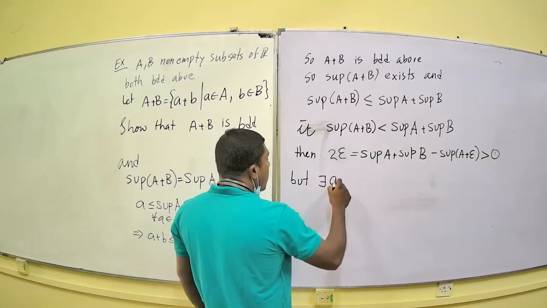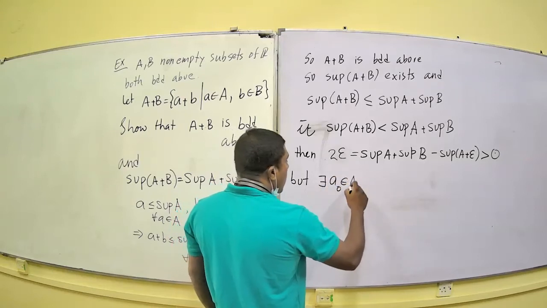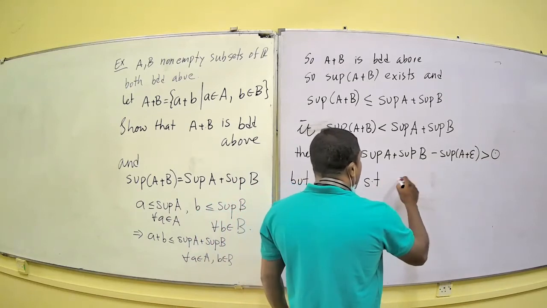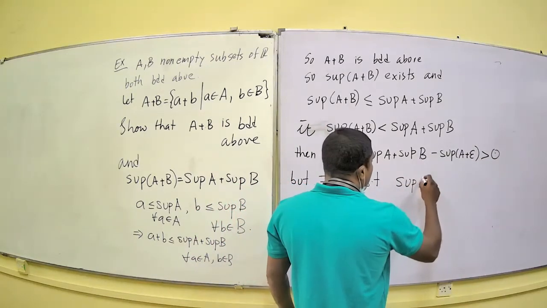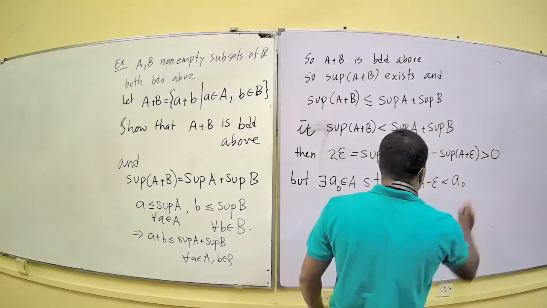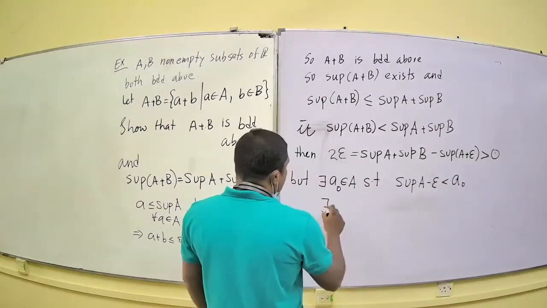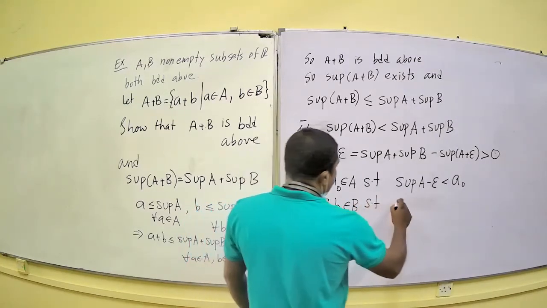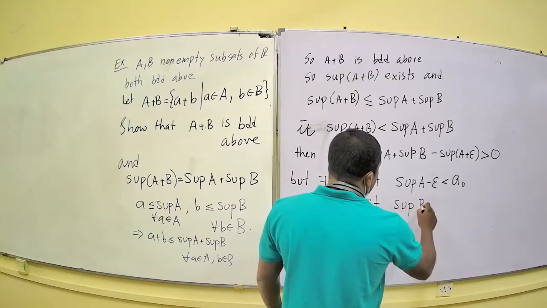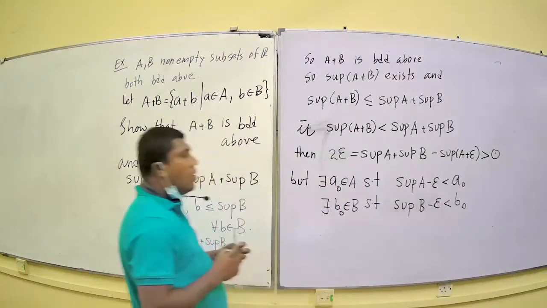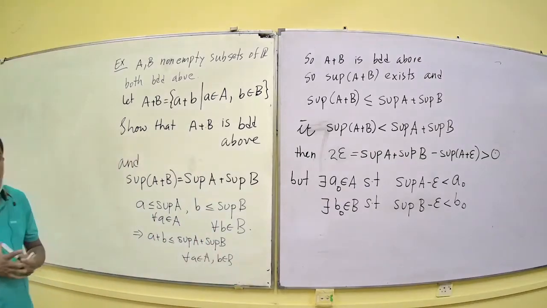But you know, there exists a naught in A such that supremum of A minus epsilon is less than a naught. There exists b naught belonging to B such that supremum of B minus epsilon is less than b naught, right?